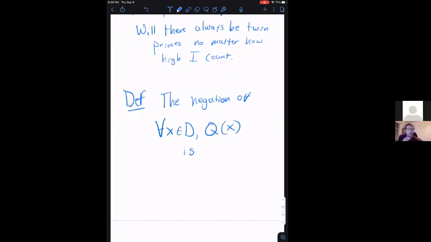The negation of for all is there exists. So there exists an x in D such that now I need to negate Q of x, not Q of x.